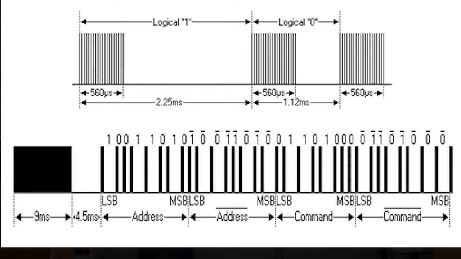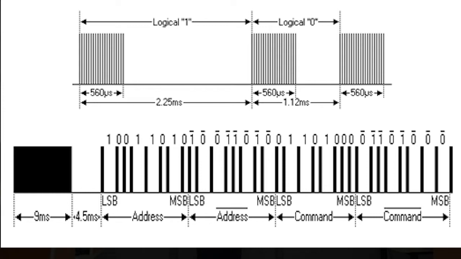This is a verification step, because if we receive this, then we have to receive the not of this. This makes sure that the address is correctly received. Same thing with the command and then the command bar. There is no stop bit in the case of NEC, but usually after this there is a cool off period. Usually you don't send anything immediately for the next coming time. So this is how the NEC protocol works.